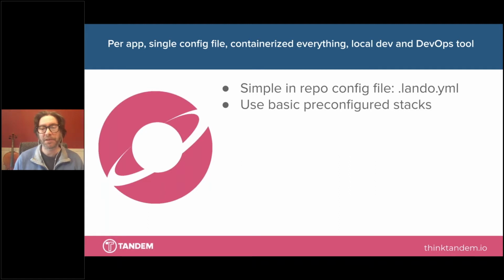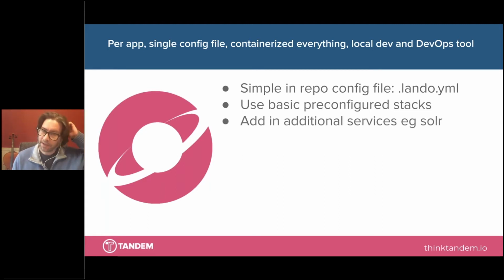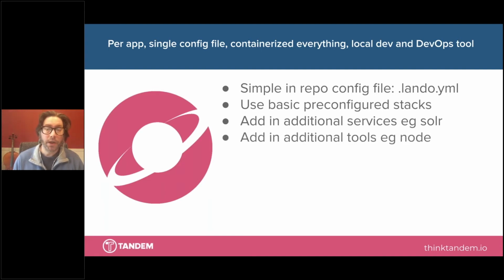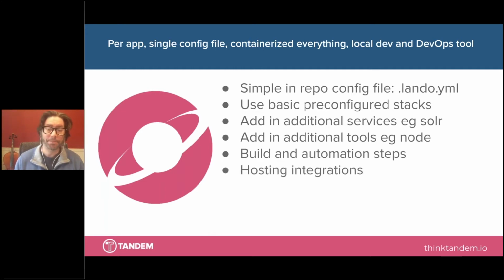You can use basic pre-configured stacks, the recipes I was talking about. You can add in additional services to any one of your pre-configured apps, for example, Solr. Add in additional tools. You can add in a Node container if you need it or want it. Build and automation steps. So if you have a Composer build, for example, you can have the app run Composer install when you start the app.